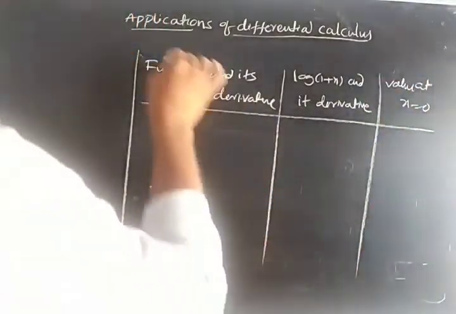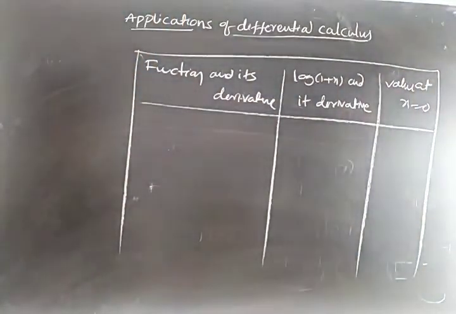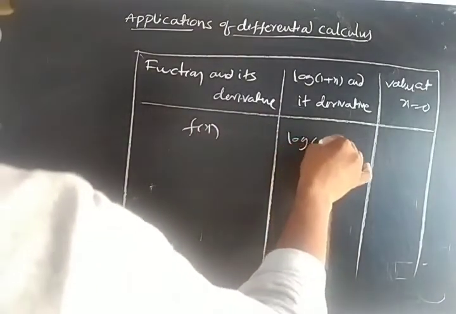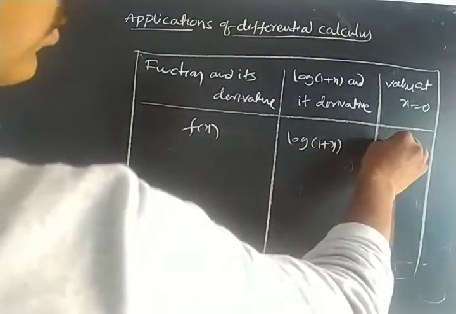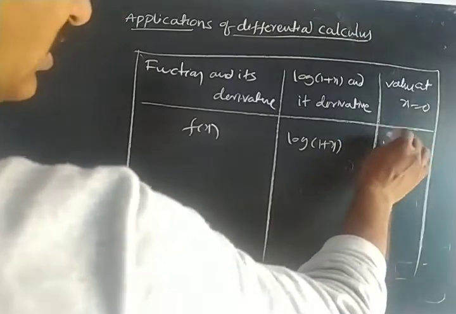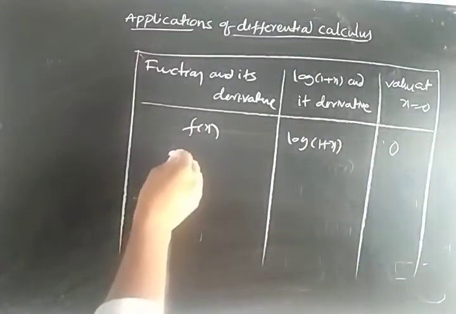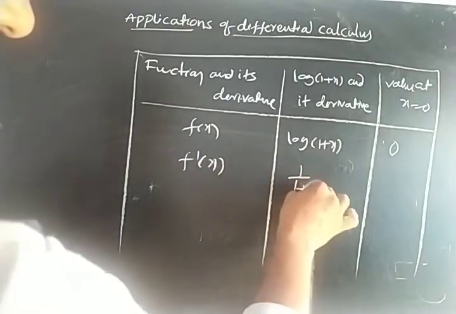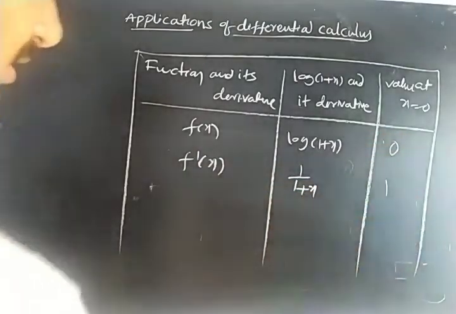Write a table like this. So first function f of x, that is log 1 plus x. If you put x equal to 0, you will get log 1, and log 1 is 0. Next f dash of x means the derivative of this, 1 by 1 plus x. If you put x equal to 0, you will get 1.